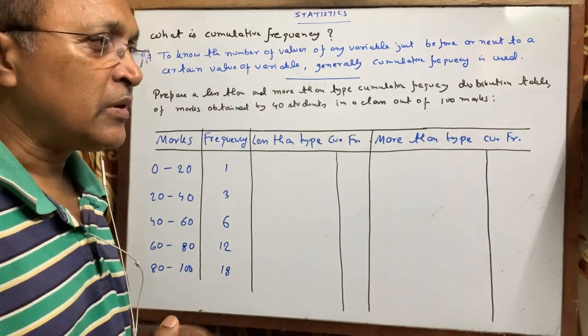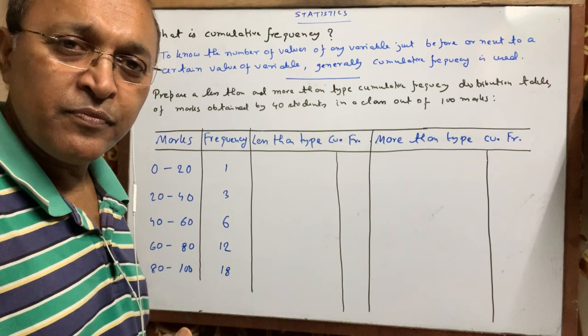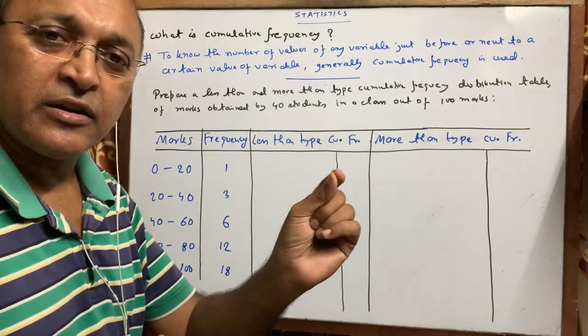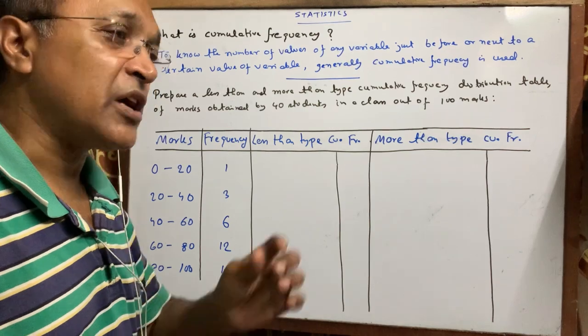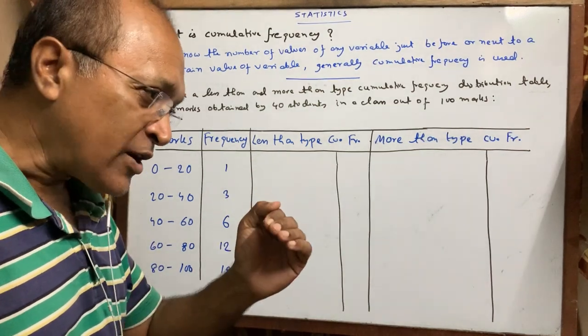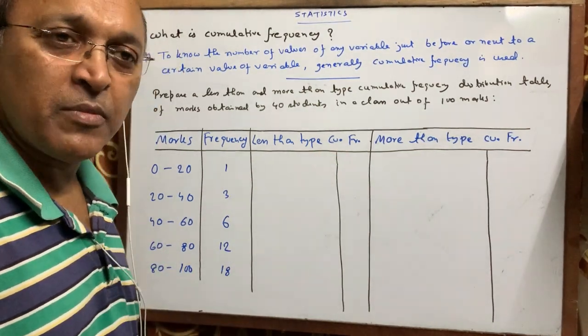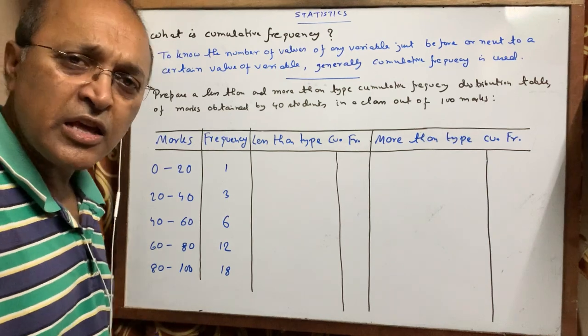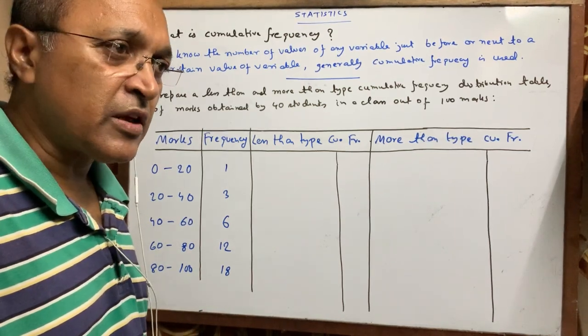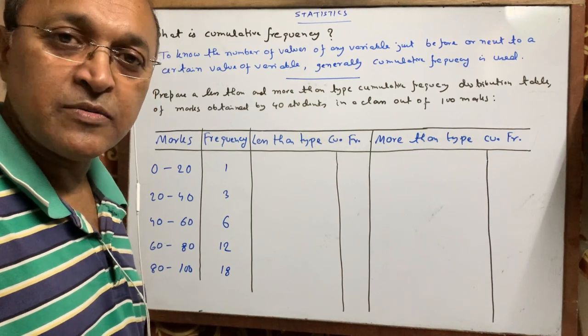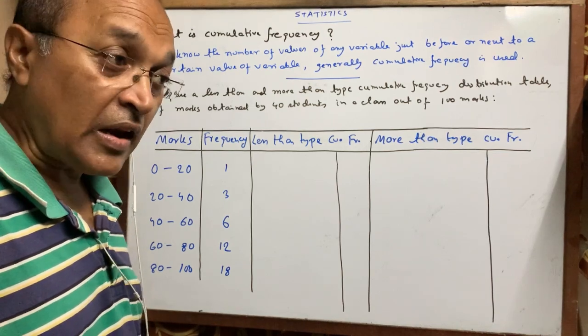Say 0 to 10 years, there are a certain number of members. 10 to 20 years, a certain number of members are there. 20 to 30 years, a certain number of members are there. Like this.